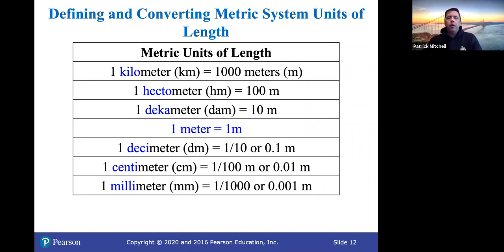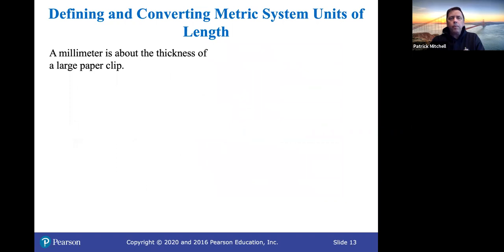There are some neat tricks to help you remember these. I have 2 favorites that I added to this PowerPoint, and I will include a link to one of these in the description of the video. Here are some rules of thumb to help you remember how big each of these is.